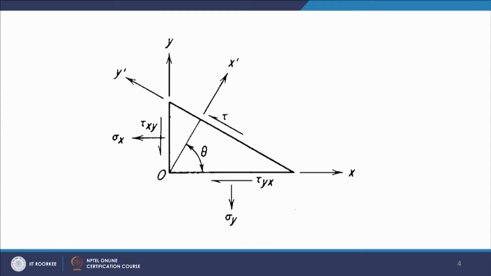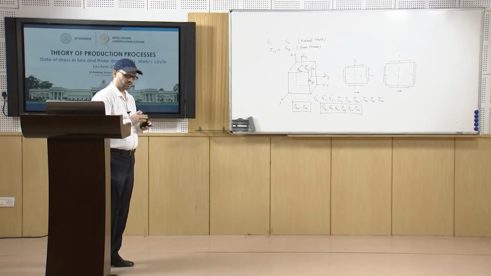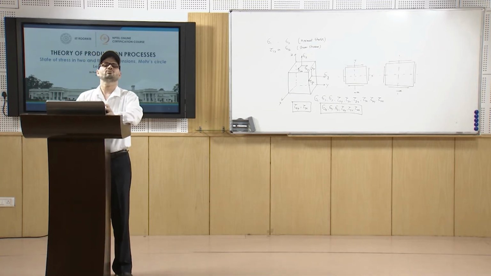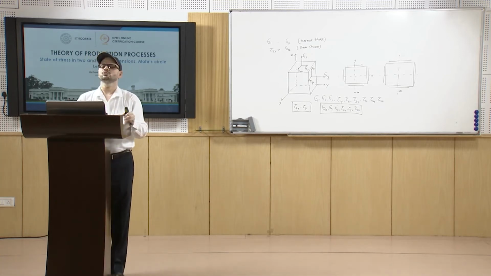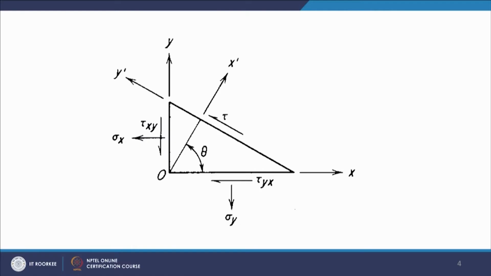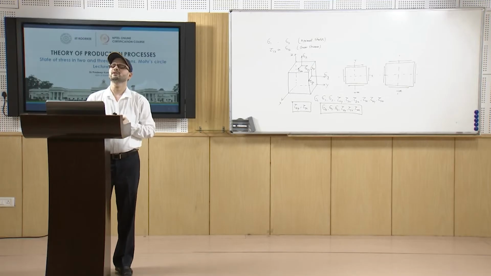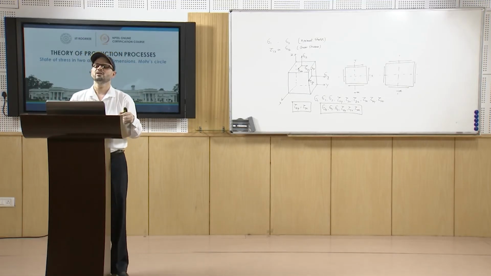So, in that case, the direction cosines are defined as L, M and N. This normal will be making angle theta, so it has the direction cosines L, M and N with the x, y and z axes. For this plane, the outward normal x prime has the direction cosines L and M because it is a 2-dimensional case.